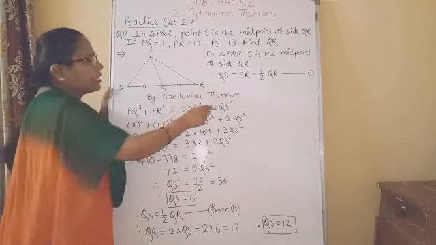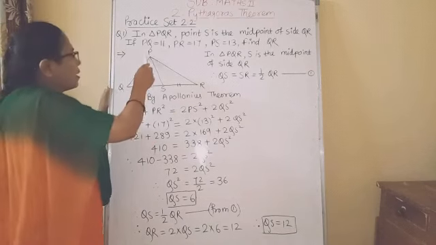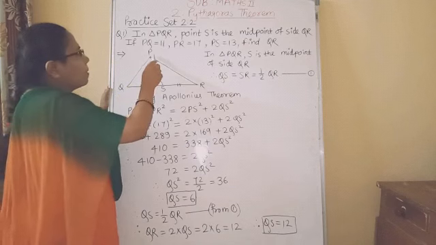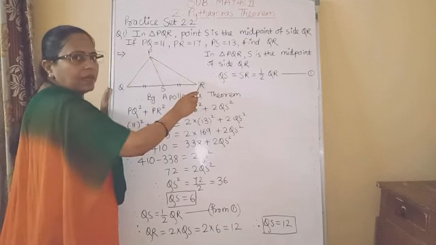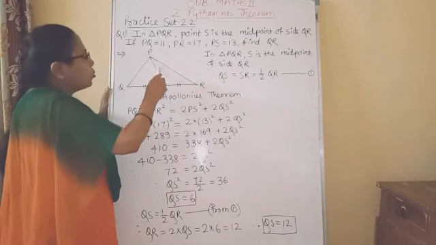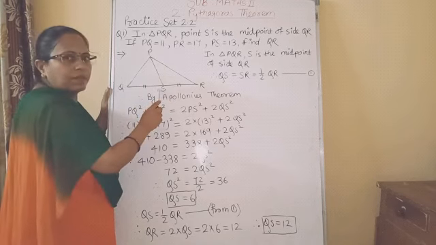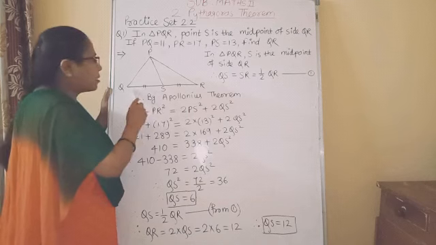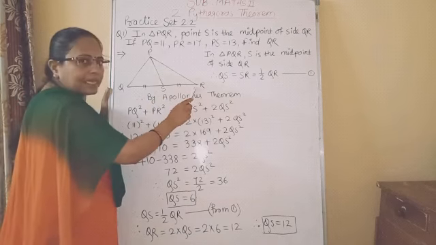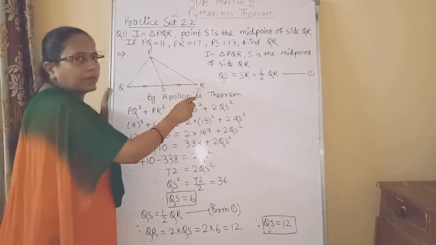Now by Apollonius theorem, we will get PQ square plus PR square equal to 2PS square plus 2QS square. Okay, remember students, instead of QS you can write SR because QS and SR are equal.